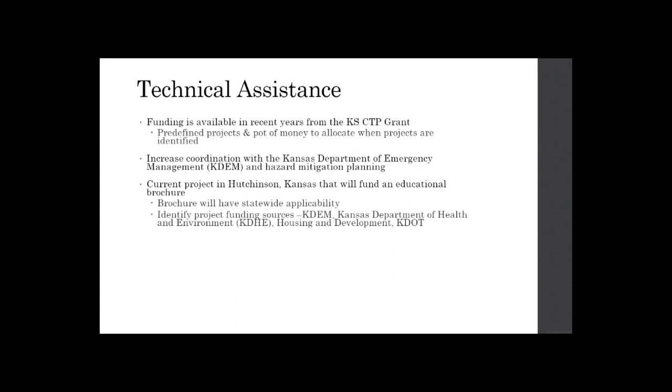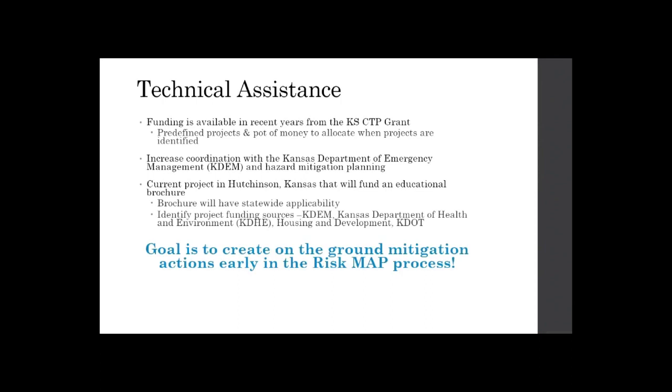And so that's why we're hoping to help also identify those for communities. Our goal is to create on the ground mitigation actions early in the risk map process, so that before the maps become effective, they can actually see some reductions in the special flood hazard area.